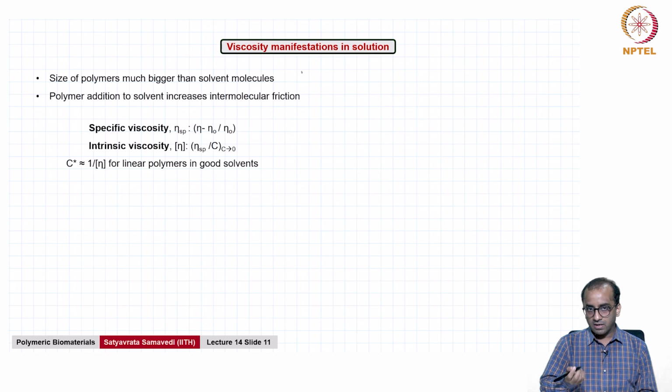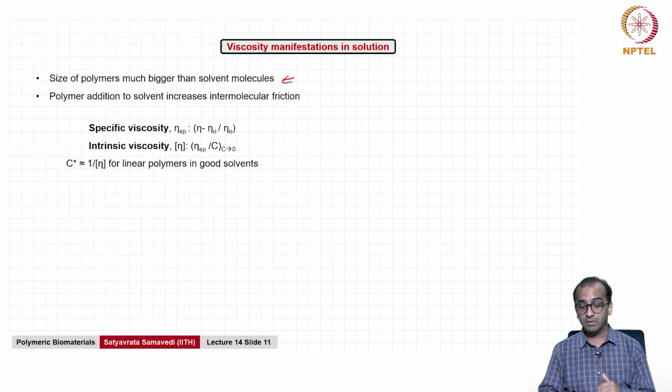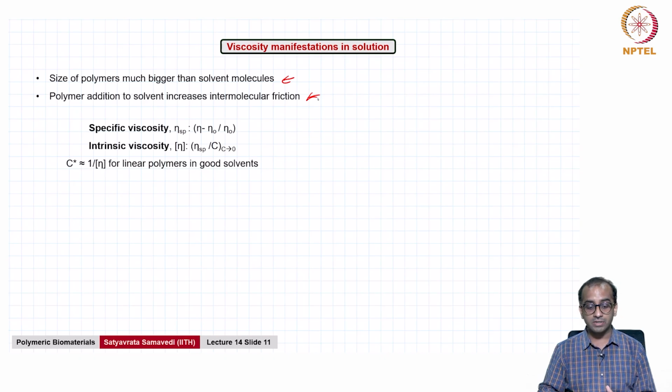So again, as opposed to small molecules where you take a salt and dissolve it, you will not see appreciable changes in viscosity. But remember, polymers are much bigger than solvent molecules. So polymer addition will progressively increase intermolecular friction, manifesting as viscosity changes at the bulk.